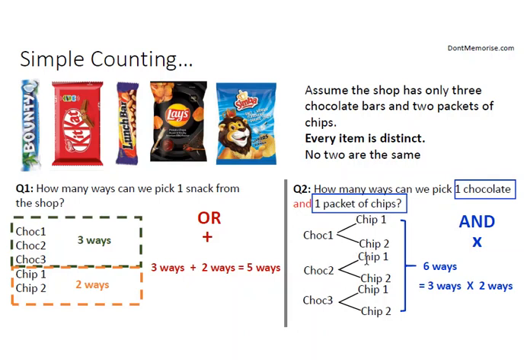Again, for chocolate 2, chips 1, chips 2. And for chocolate 3, chips 1, chips 2. So we can pick chocolate 1 with chips 1, chocolate 1 with chips 2, chocolate 2 with chips 1, chocolate 2 with chips 2, chocolate 3 with chips 1, and chocolate 3 with chips 2. So in total there are 6 ways to pick one chocolate and one chips.